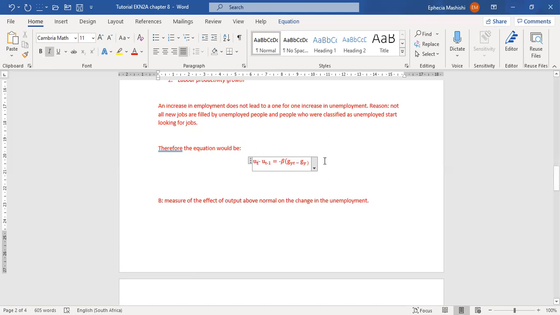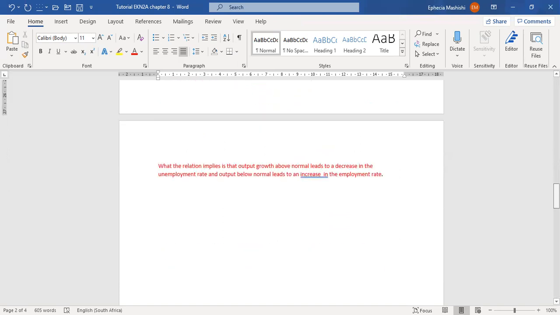And this relation simply implies that output growth above normal leads to a decrease in the unemployment rate, and output growth below normal leads to an increase in the unemployment rate. And the beta is a measure of the effect of output above the normal on the change in unemployment. The second equation.